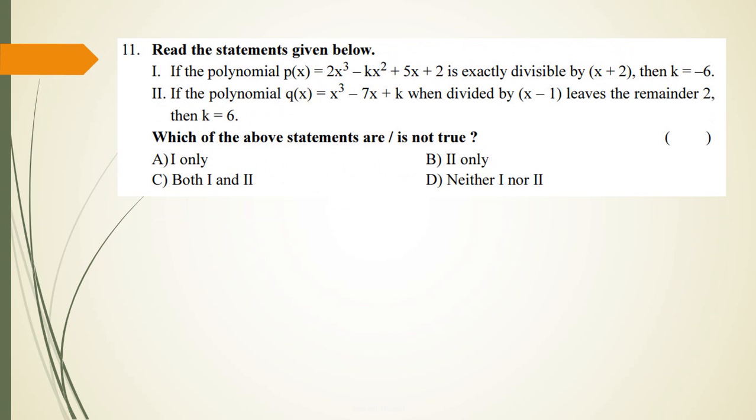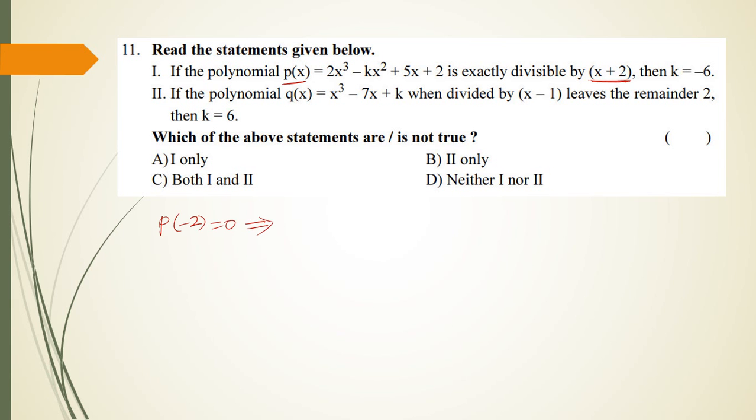Next, moving on to question number 11. This is also based on statements. Now if you observe the first statement, if the polynomial P of x is exactly divisible by x plus 2, exactly divisible means its remainder is 0. That means if this is my polynomial, then P of minus 2 is equal to 0.